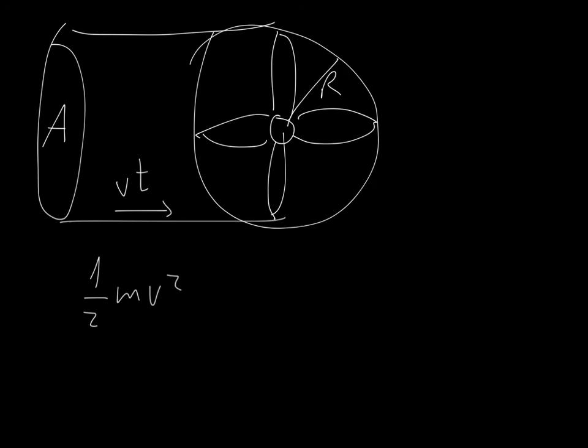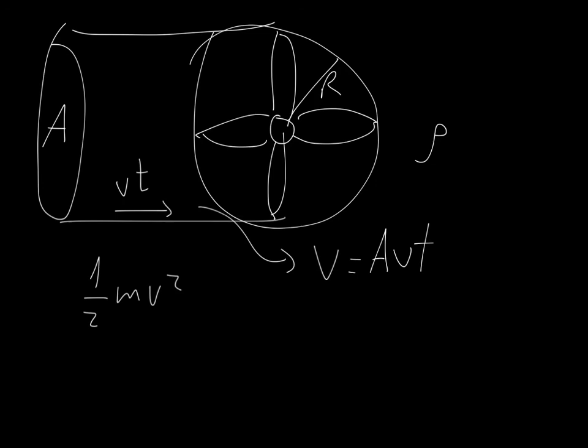Great. So the volume of this thing is just the area times the length, so it's just A times vt, right? And of course the density of air is going to be rho, because it's always rho. So what is the mass then?